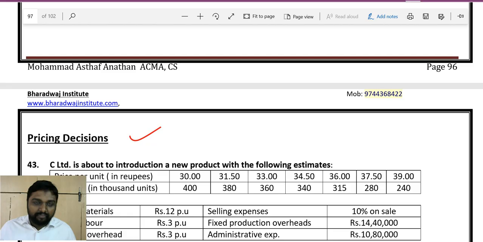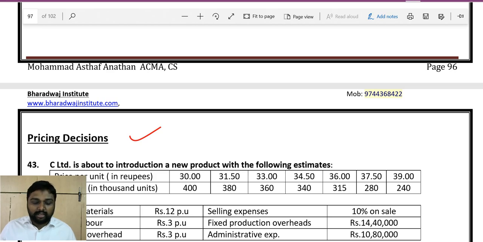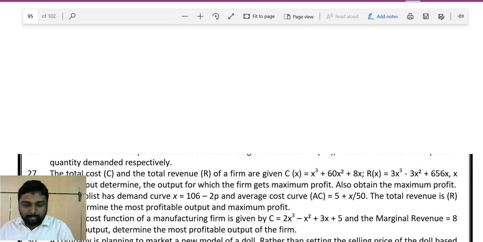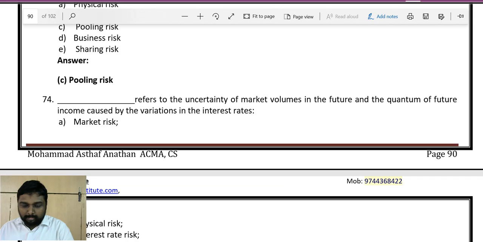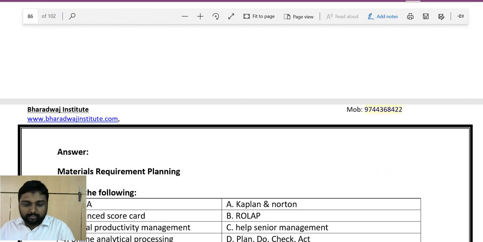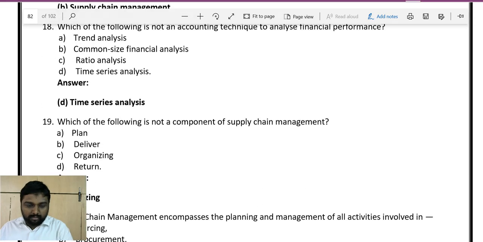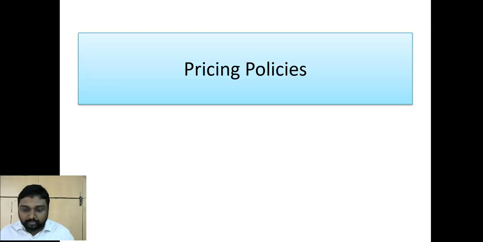Are you ready? So we will go for the theory part of pricing decision before going with the problem.